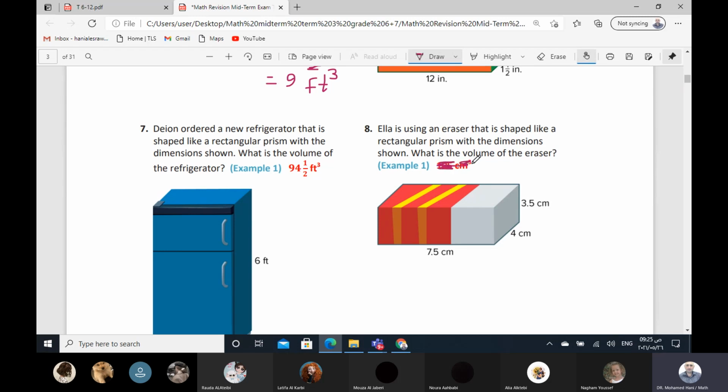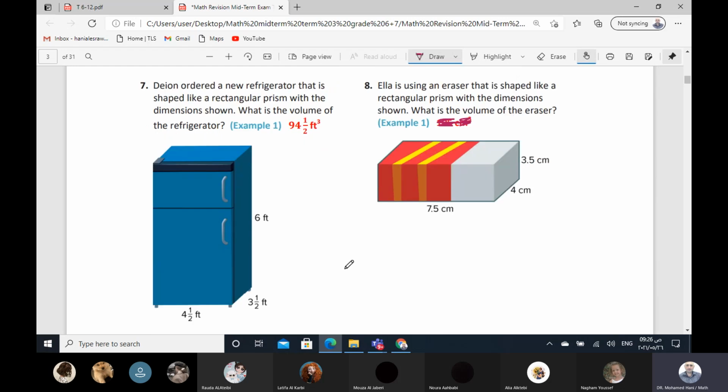Exercise number 8. Ila is using an eraser that is shaped like a rectangular prism with dimensions shown. What is the volume of the eraser? Okay, here we can use directly the rule of the volume. V equals length times width times height, or the area of the base multiplied by the height, the same idea.